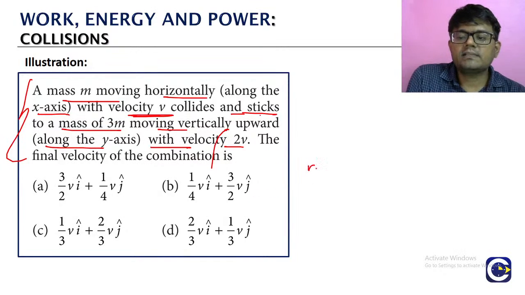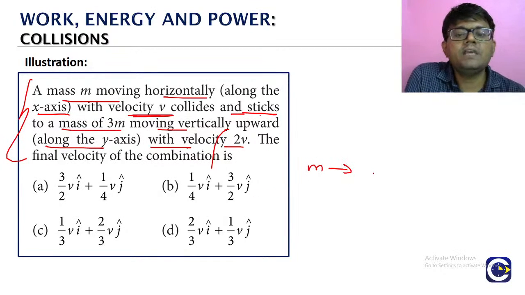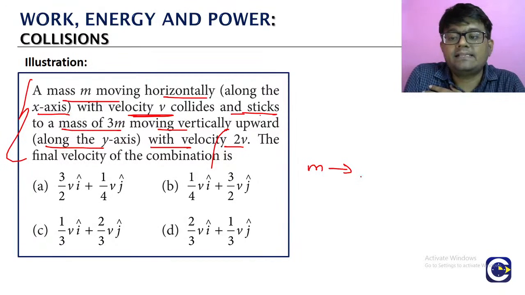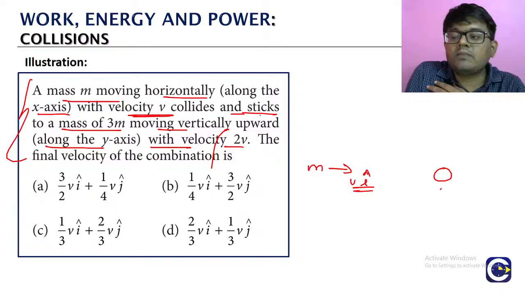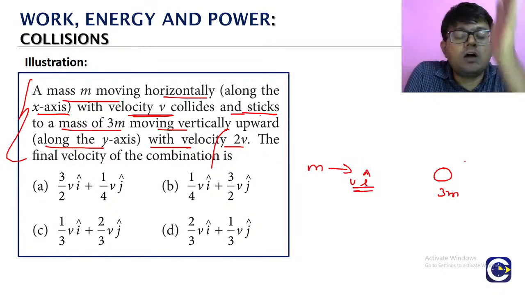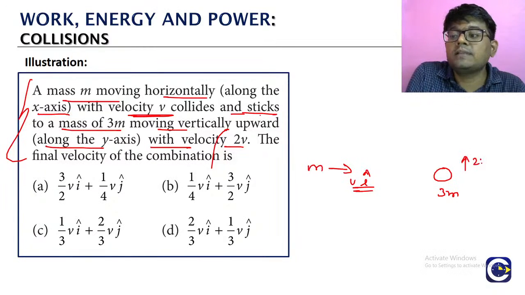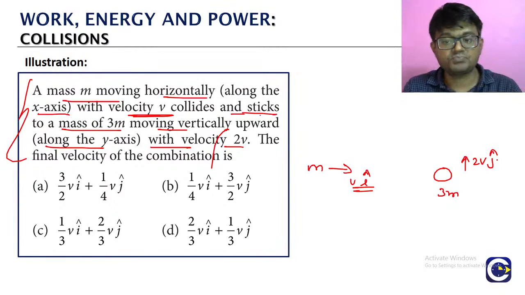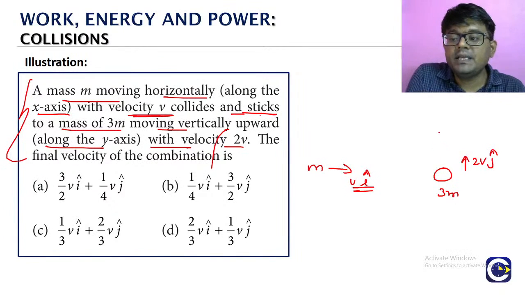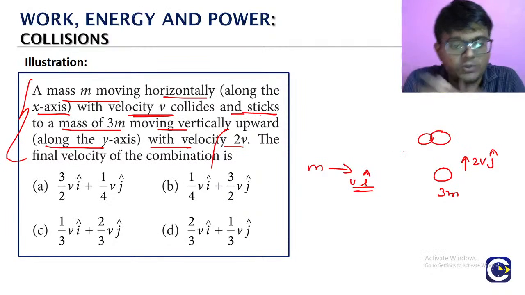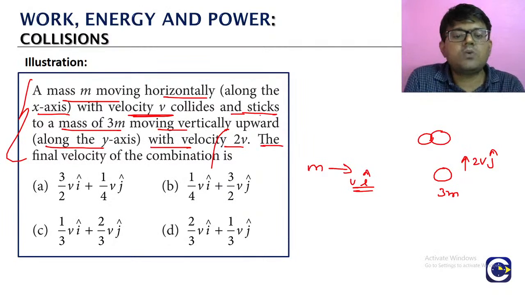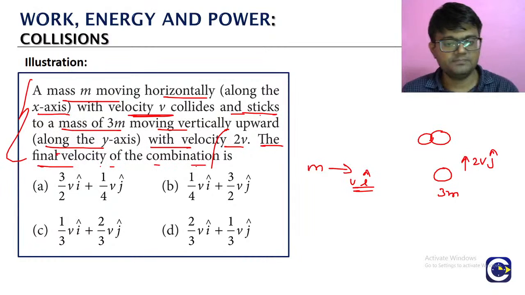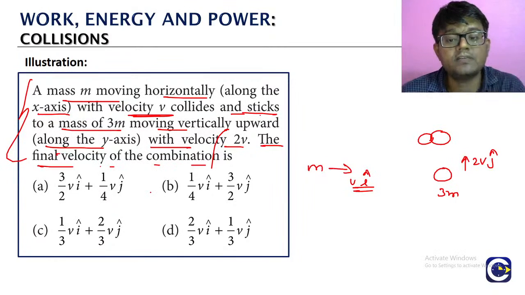Look at this, m is moving with velocity v horizontally along the x-axis, so we can say it is v i. The other one, 3m, is moving along the y-axis with velocity 2v, so we can say it is 2v j. After collision, they both stick and move together. They are asking us what is the final velocity of the combination.